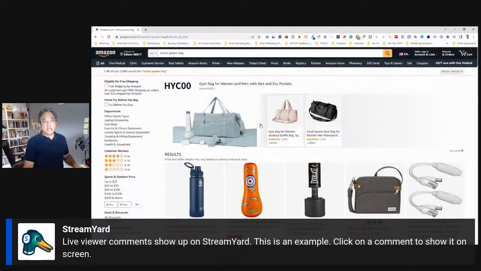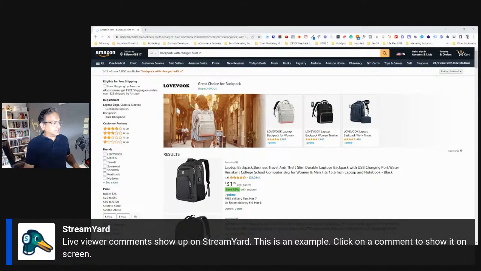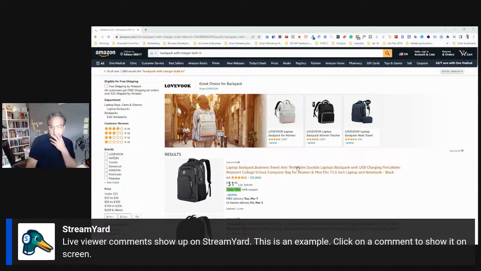I don't know if this is okay. Let's say backpack with charger. There we go. Charger built in. Here we go. That's the product, I would imagine, but let's quickly take a look. Lifestyle power backpack, laptop backpack, business travel, slim, durable backpack with USB charging port, water resistant, college computer bag.